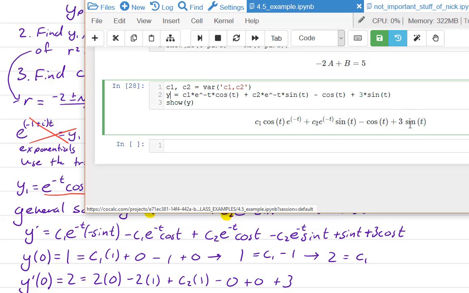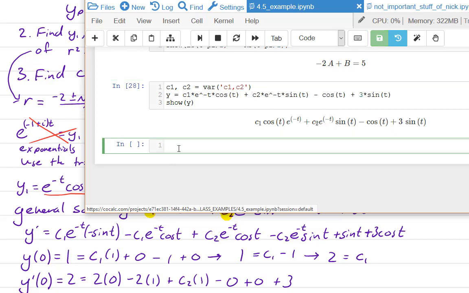So to find out what c1 and c2 are, I'm going to do another solve function, kind of like before. But we're going to solve it with a system of equations for the variables c1 and c2. First, we're going to have y of 0 equals 1. Here's what that looks like. Y with t equals 0 plugged in should be equal to 1.